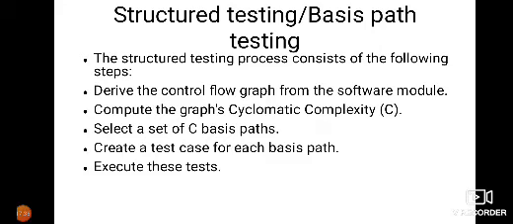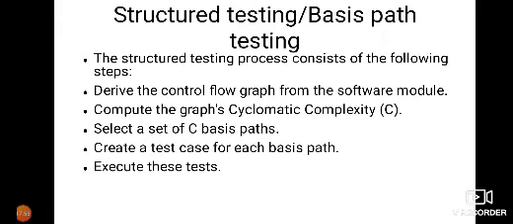Basis path testing also does the same thing. It creates the control flow graph, identifies the basic execution paths, and then finds the measure called cyclomatic complexity. After identifying the execution paths, it writes test cases for each of them.